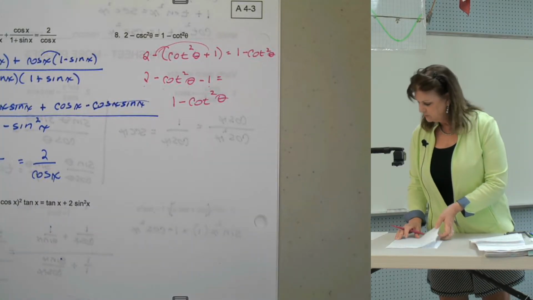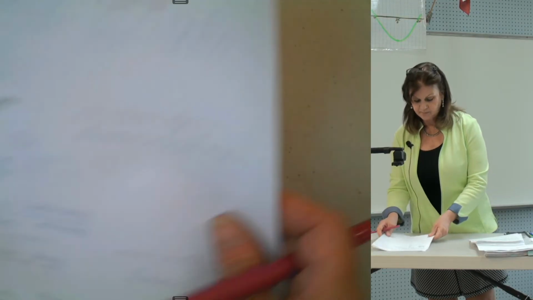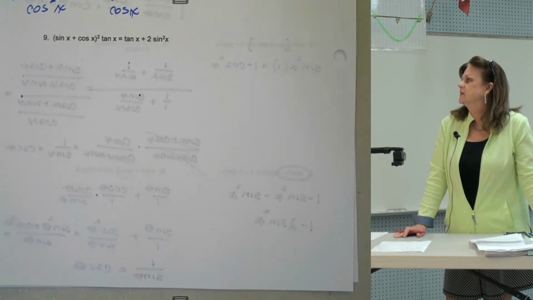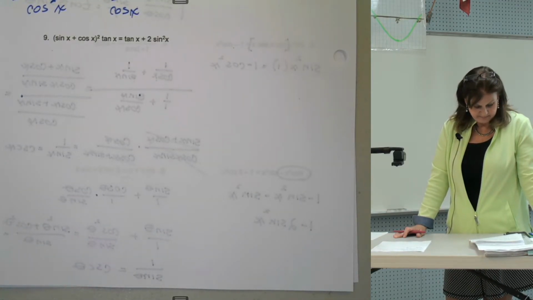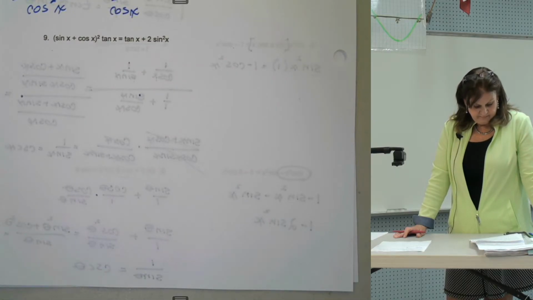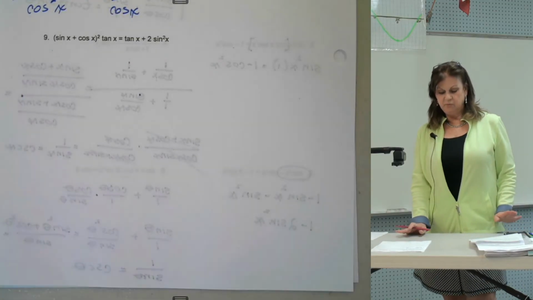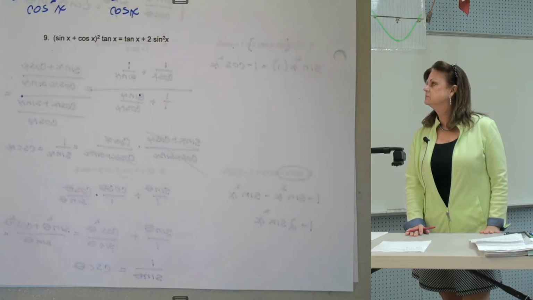Okay, let's look at problem 9 together. Sine plus cosine squared times tan is tan plus 2 sine squared. All right. We're going to be working on the left side of the problem and trying to make it look like the right side of the problem.